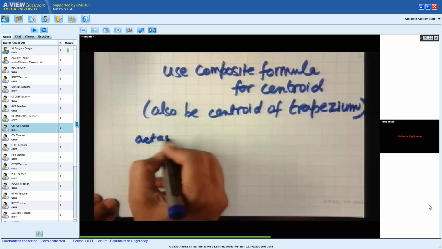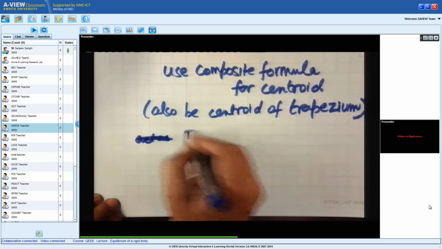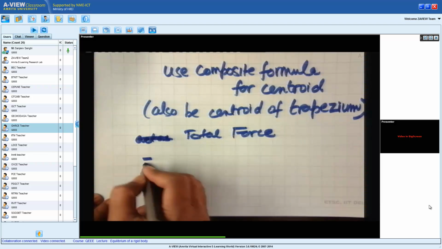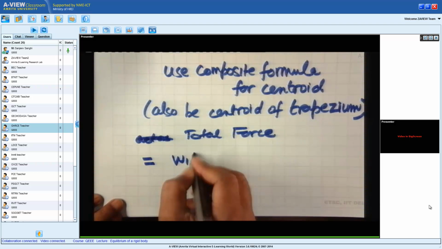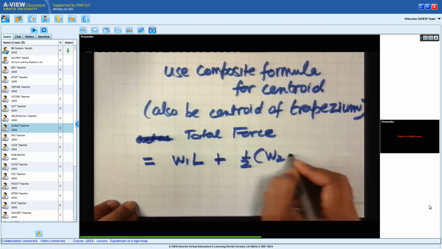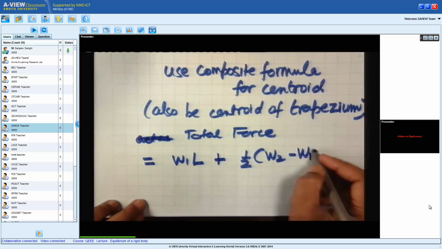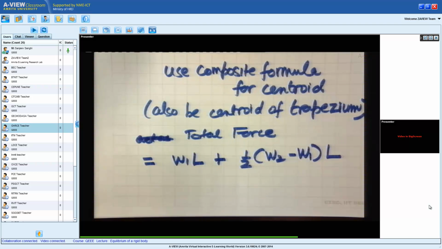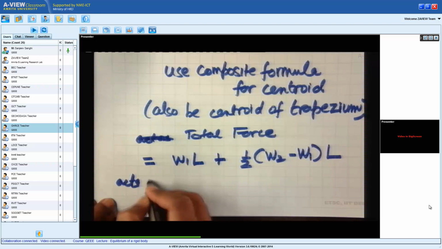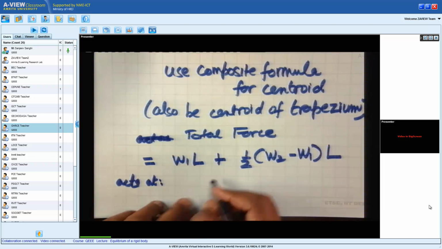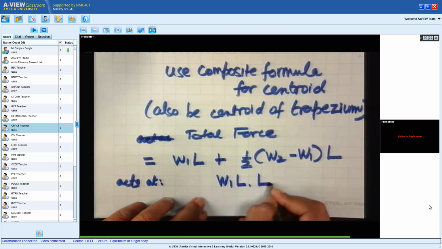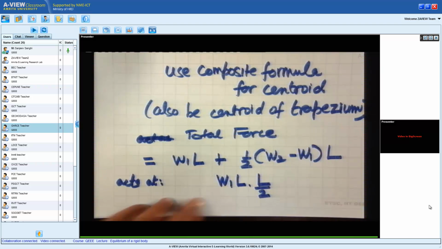The total force for this trapezium loading will be equal to W1L plus half of W2 minus W1 times L. And it acts at a point: the force W1L we multiply by its distance, so this is from the origin.